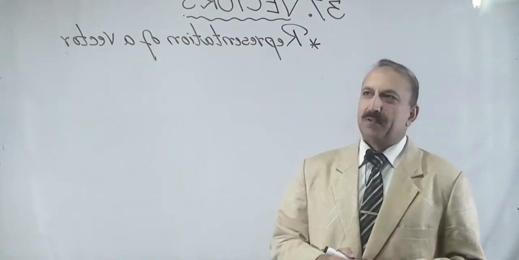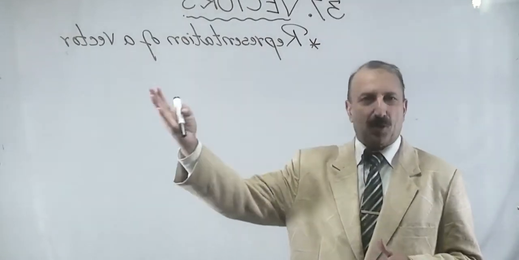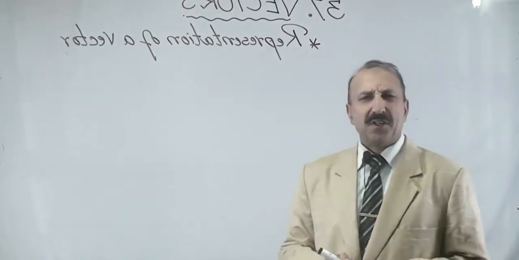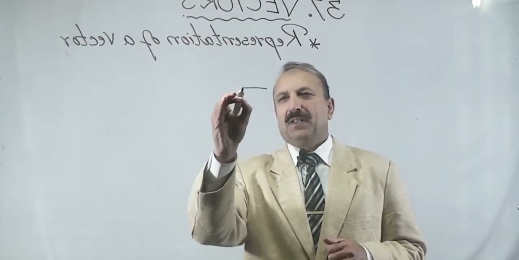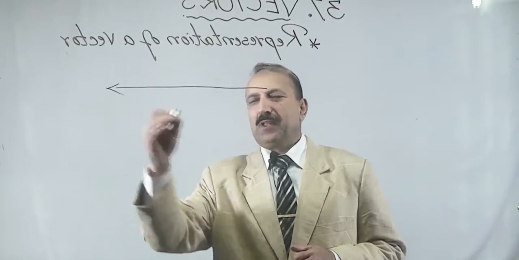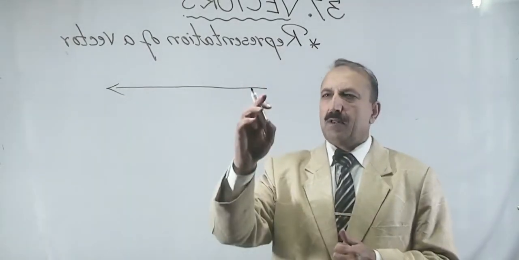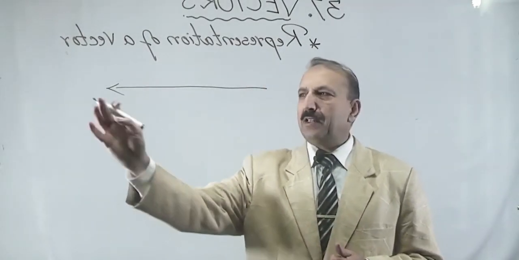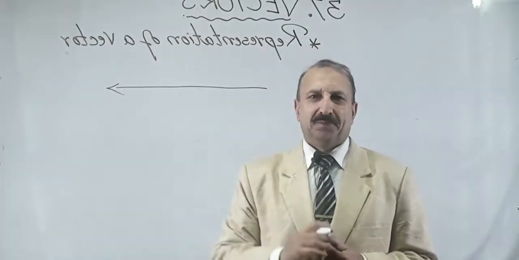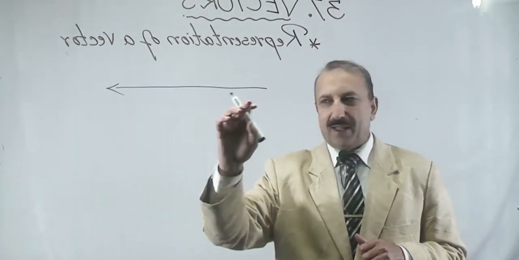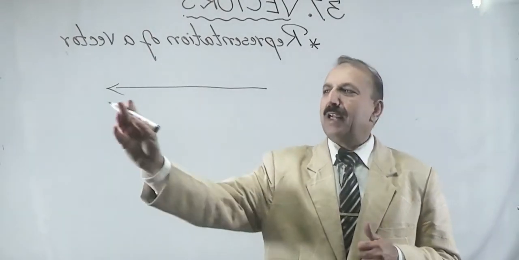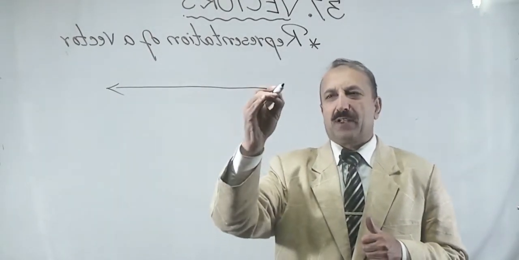Alright, my dear students, let's learn representation of vector. For example, if we have a vector here, this is a line and its direction. That's constitute a vector. A line, that's the magnitude part, and its direction, that's constituting a vector.